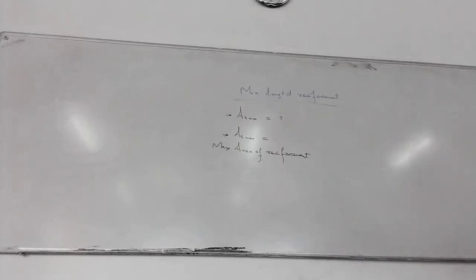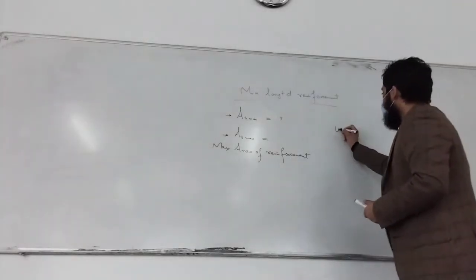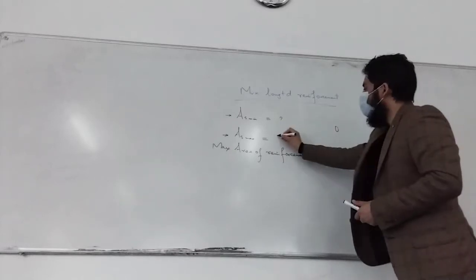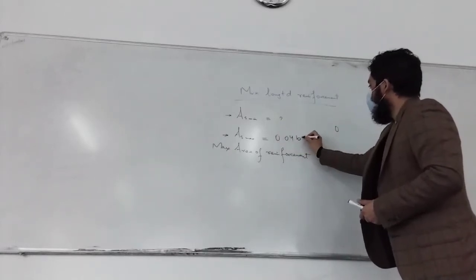The maximum area of tension reinforcement shall not exceed 0.04 bD. This is the same clause B whose minimum you read; on page 47, maximum reinforcement: the maximum area of tension reinforcement shall not exceed 0.04 bD.